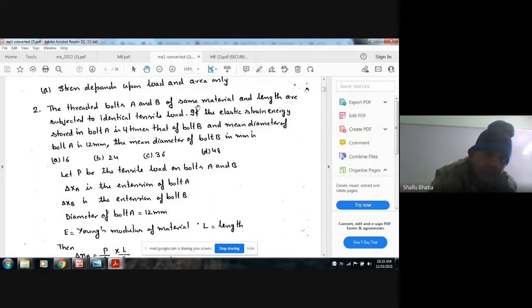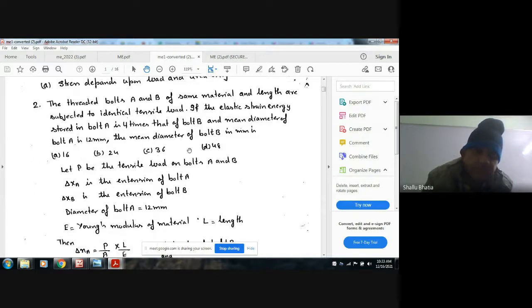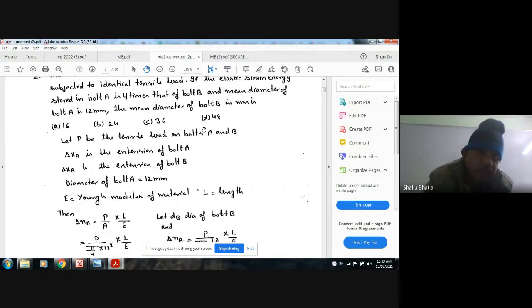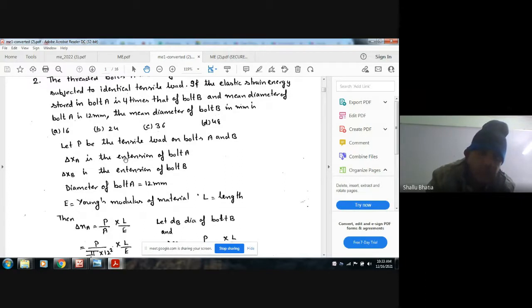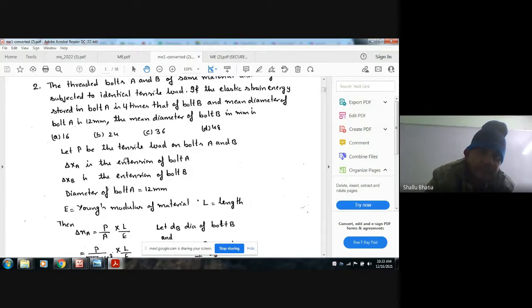So the Young's modulus of elasticity for both is the same, and both have the same length L. Bolt A has a diameter of 12 mm, and we have to determine the diameter of bolt B, given that the strain energy of bolt A is 4 times that of bolt B. Let del XA be the extension of bolt A, and del XB the extension of bolt B.